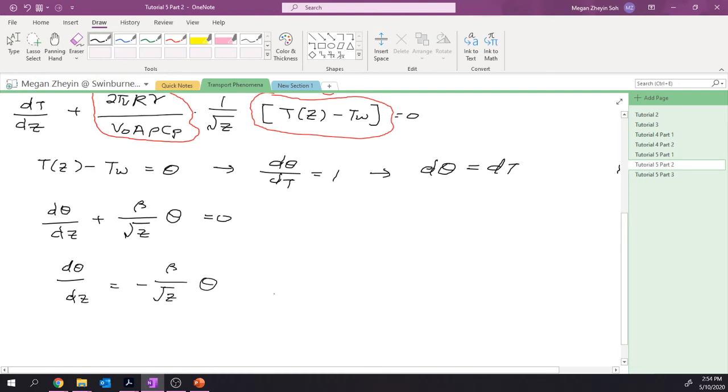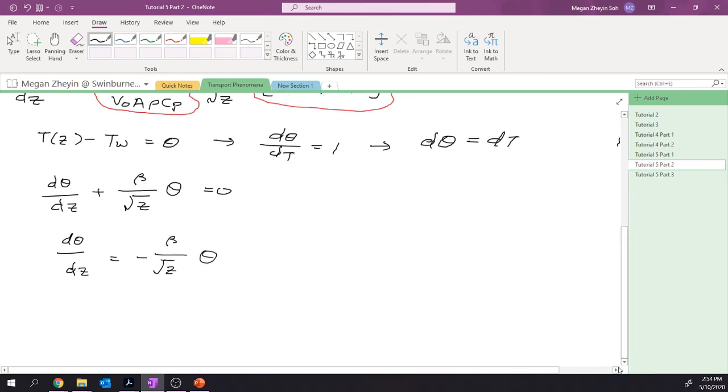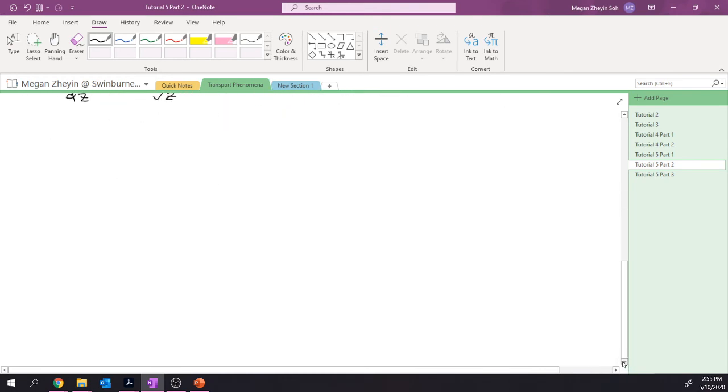We rearrange them and put theta on one side and the rest on the other side. So d theta over theta equals negative beta, z to the power of negative 1 over 2, multiplied by dz.